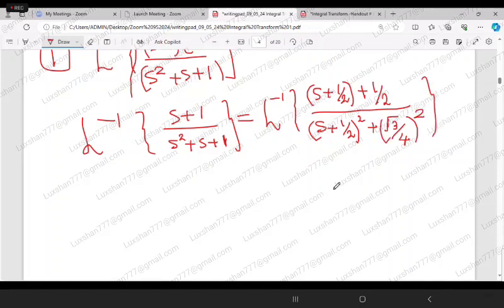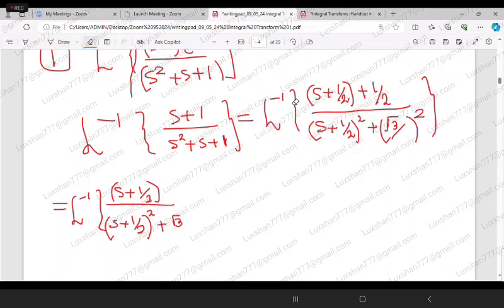Here I'm going to split this into two. One is the inverse Laplace transform of (s plus half) over (s plus half) whole squared plus, sorry, here I have made a mistake. It should be 2, no?